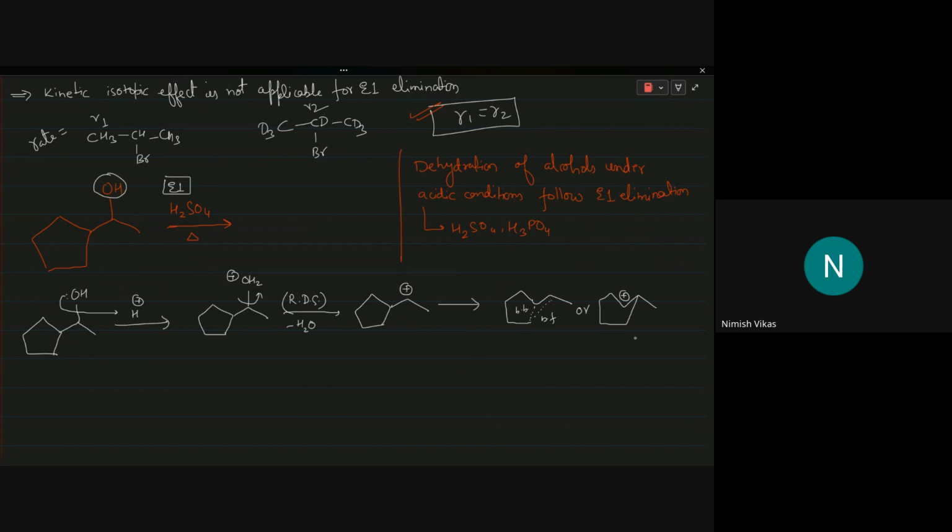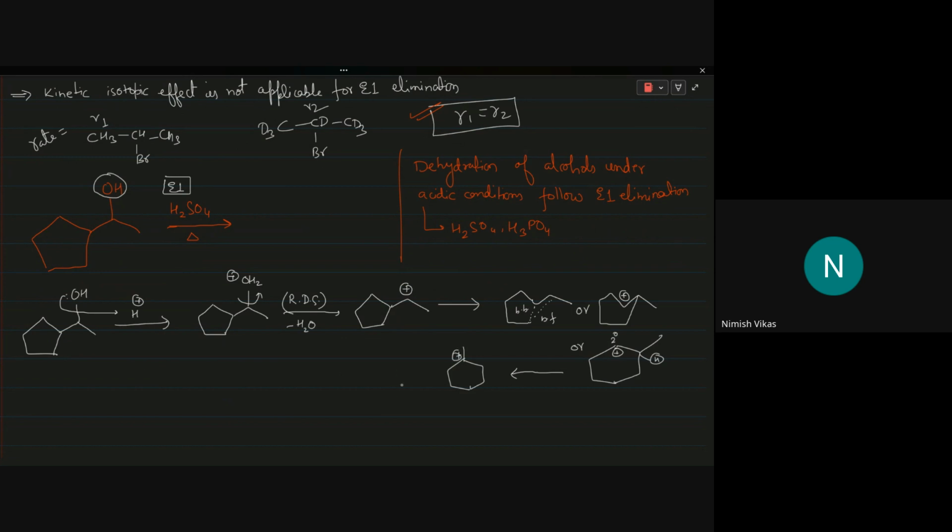Positive charge comes over this carbon. Or I should draw it in a more perfect way, a 6-membered ring with the positive charge here. Can this carbocation rearrange again? It can, because it's still secondary, so it will ask the nearby carbon to transfer one of its hydrogens. Okay, the hydrogen is transferred and the positive charge is here.